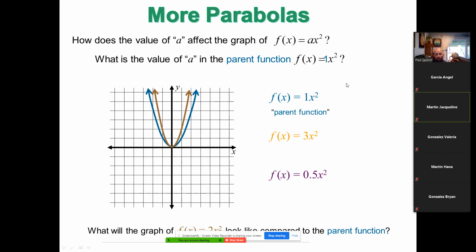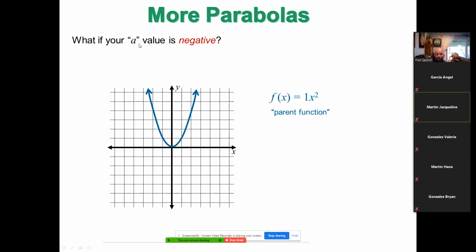I've talked about opening up and opening down and why they open up or down. So here's my parent function, and let's say I make this 1 a negative, because remember, negative x squared is negative 1x squared. There's a hidden 1 there. So all I did was put a negative in front of the 1 of my parent function. How is that going to compare to this blue parabola?